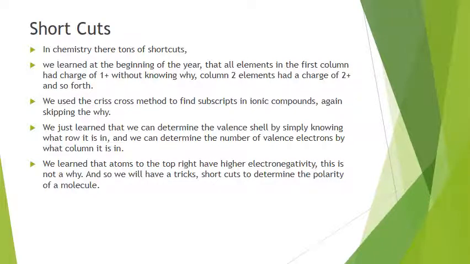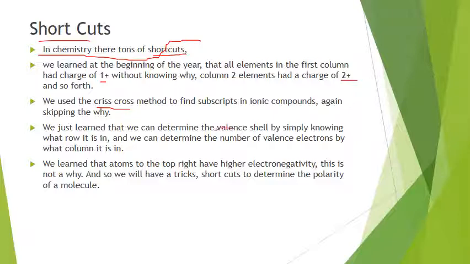In chemistry, there's lots of shortcuts. I often call them quick and dirty tricks. We learned at the beginning of the year that all elements in the first column have a +1 charge, column 2 has a +2 charge, and so forth. And then over the last couple weeks, we learned why. We also used the crisscross method to figure out the subscripts in ionic compounds. Another shortcut.